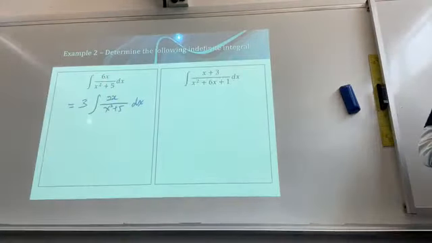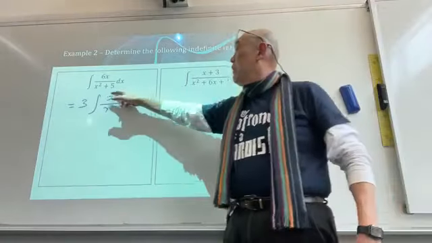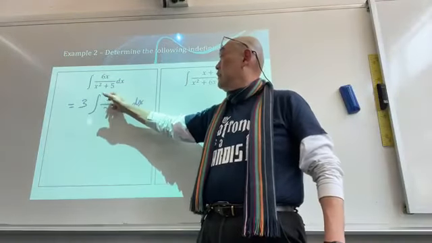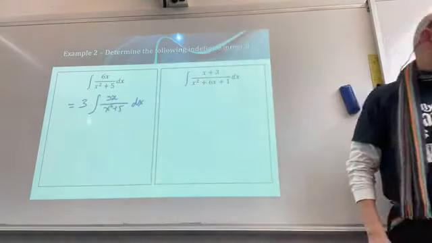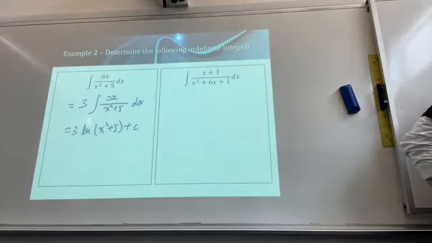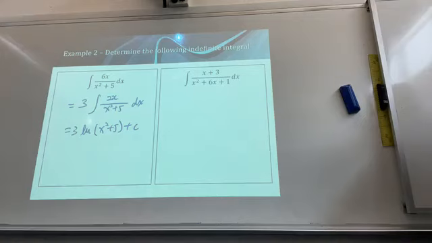Since the numerator is the first derivative of the denominator, the answer is 3 times log of x squared plus 5 plus c.